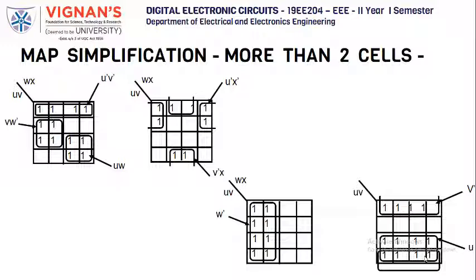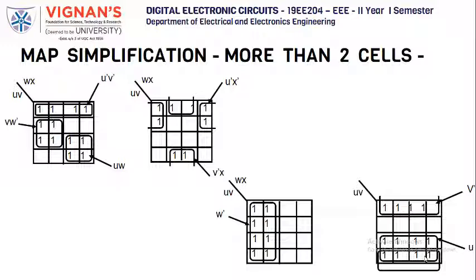Like that, the 4 variable K-map having 4 cells can be grouped in this format. If you observe the third K-map, it consists of 8 ones grouping. The fourth K-map represents another method of representation of 8 ones grouping by using the folding mechanism.